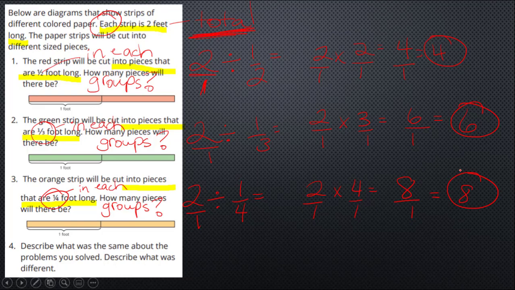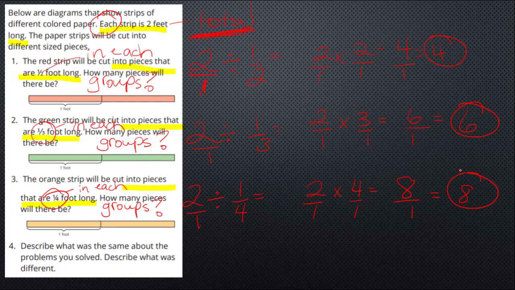So describe what was the same about the problems you solved. Describe what was different. Well, all the problems were about a piece of paper that was 2 feet long. For each problem, I was cutting the 2 feet into smaller pieces. The size of the pieces got smaller each time, so there were more pieces.